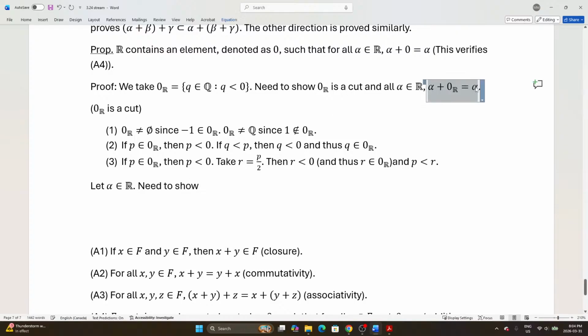Let's first prove one direction and then the other. Which direction is easier? We usually prove the easier one first. So let's think about that.